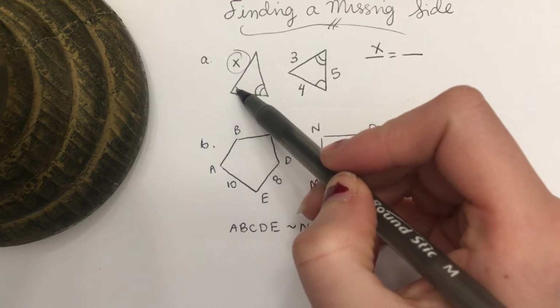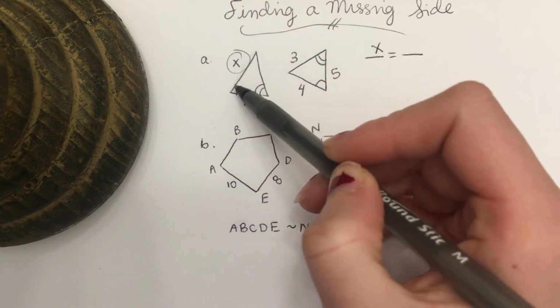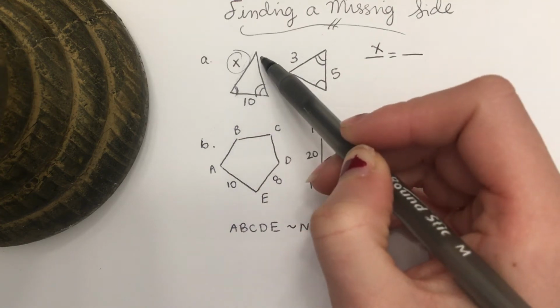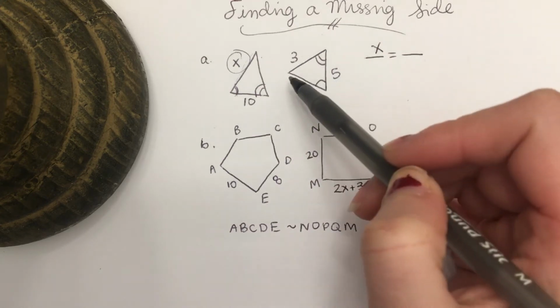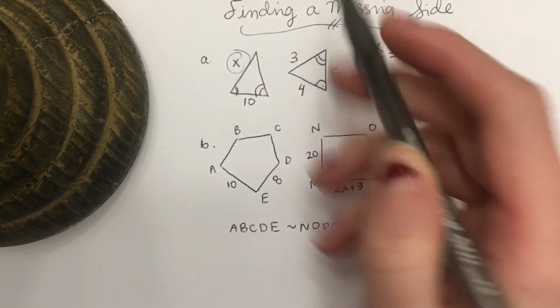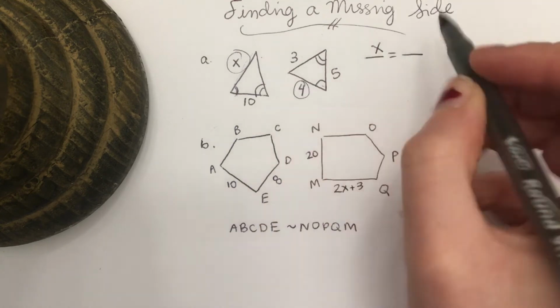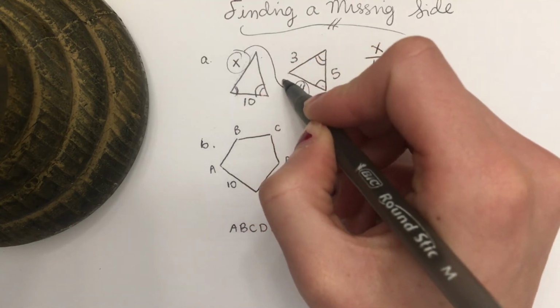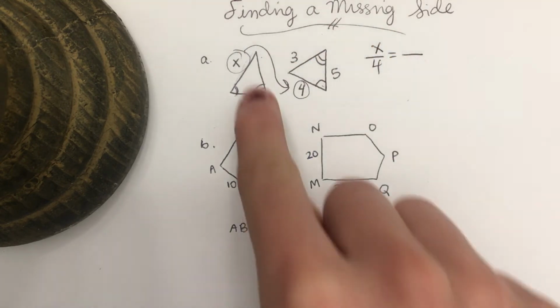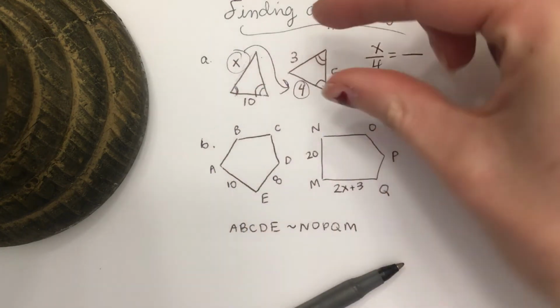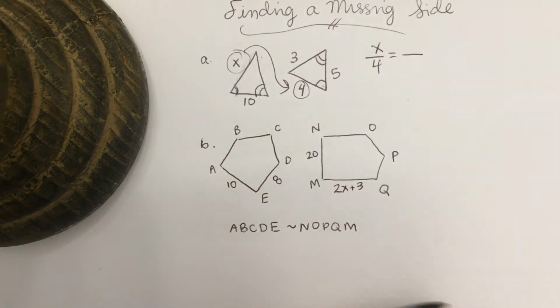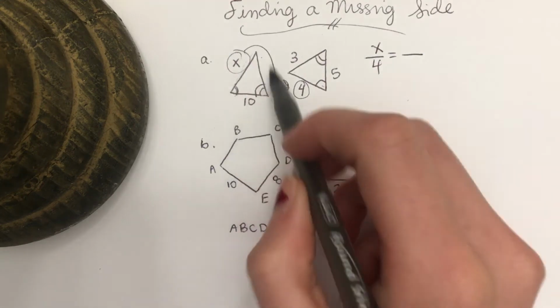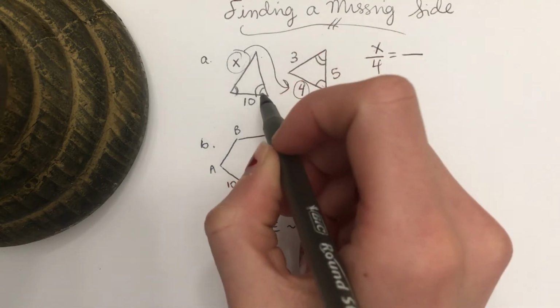Notice x is right here in between the side, along the side that has one arc mark and no arc mark. So when I come over here, I find the angle that has no arc mark and one arc mark, and that gives me 4. So what you can notice here is there's been a rotation. So this triangle here has been rotated around to here. Now, since I started with this triangle on the left on top, I've got to stick with it.